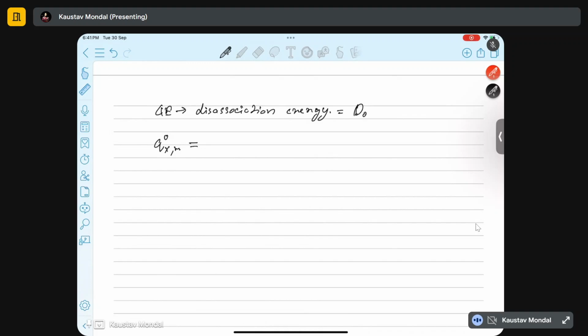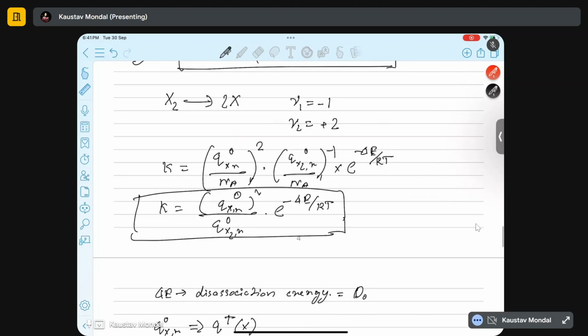It doesn't have any electronic contribution. So the only contribution comes from the translational part, right? The translational qtX. Okay, this is for the case of X.